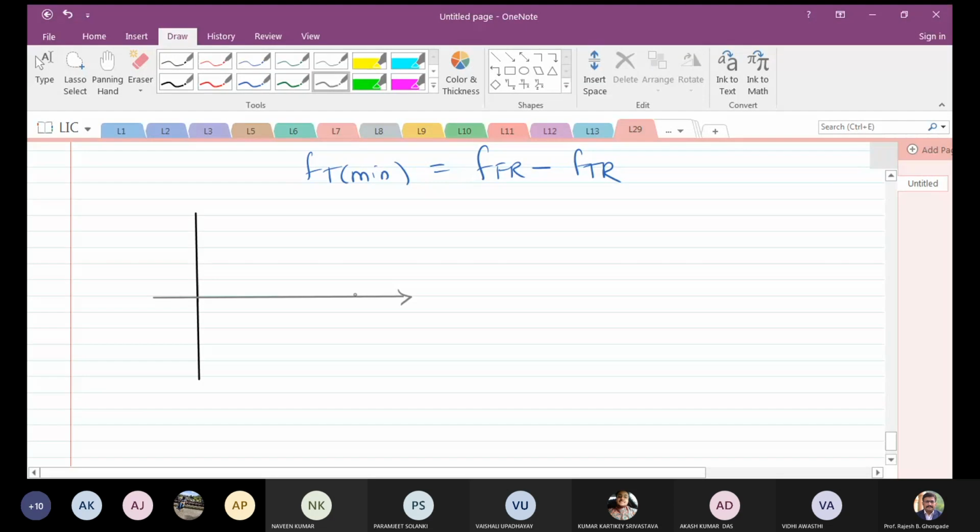So you have this as the FFR, free running frequency. You have the FT minimum. You have the FT maximum. Okay. This is the voltage that is generated, VA, or let us say VA maximum and VA minimum.